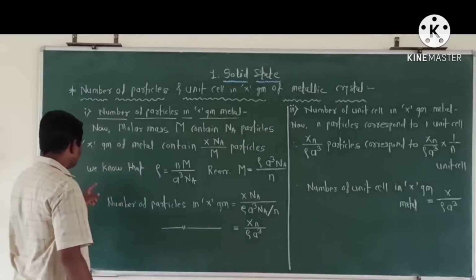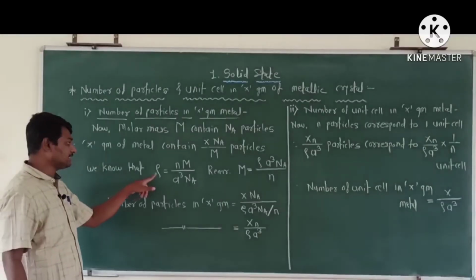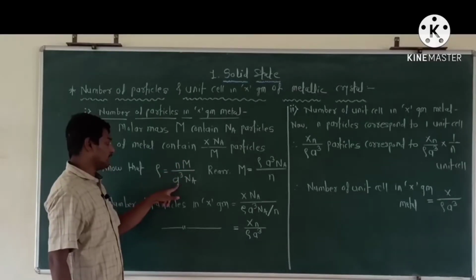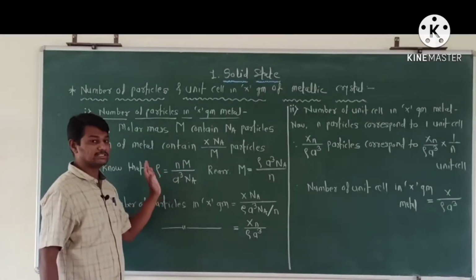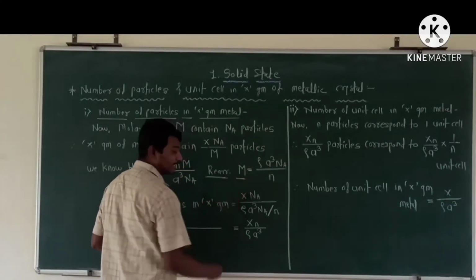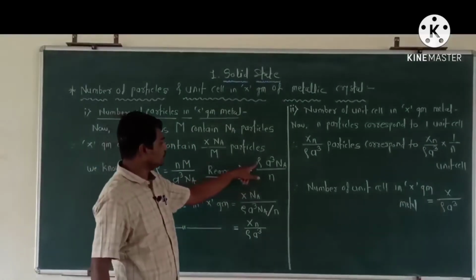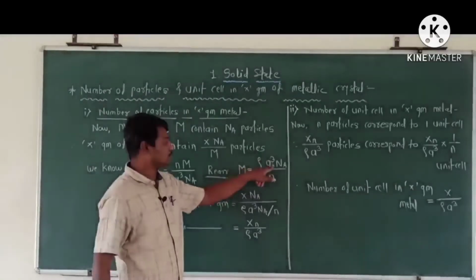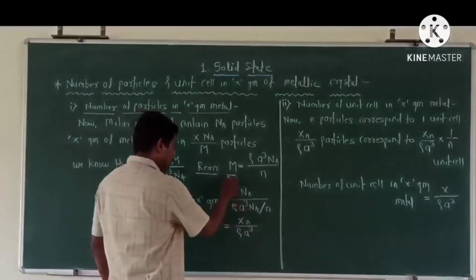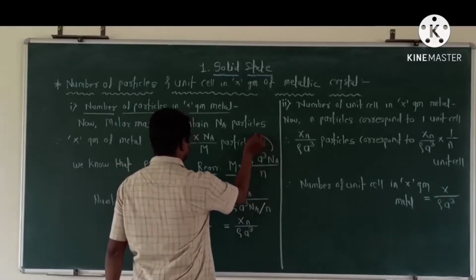Okay, now we know that density is equal to n into M divided by a cube into Na, which was discussed in the last lecture. Rearranging this equation, we get the value of M, that is M is equal to density into a cube into Na upon n. Put the value of M in this equation.